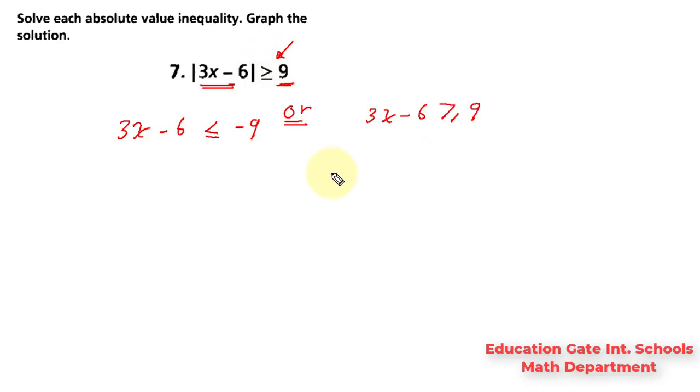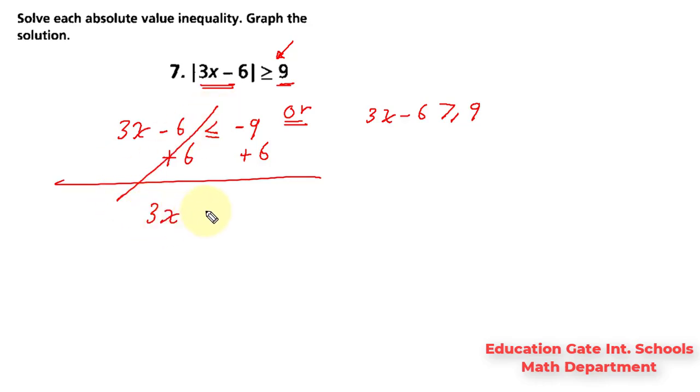Just solve the two inequalities the same way, just plus 6 to both sides. Draw a line, cancel. So 3x is less than or equal negative 9 plus 6, which equals negative 3. I will divide both sides by 3, the coefficient of x. Cancel, we get x is less than or equal negative 1.